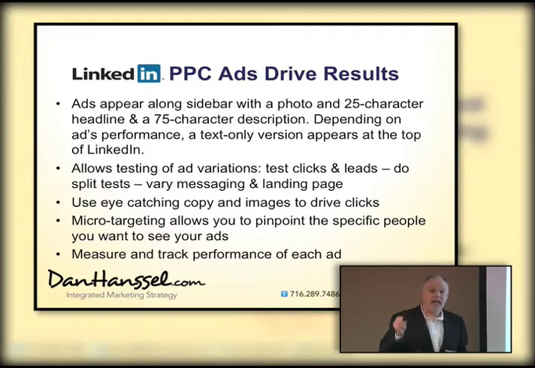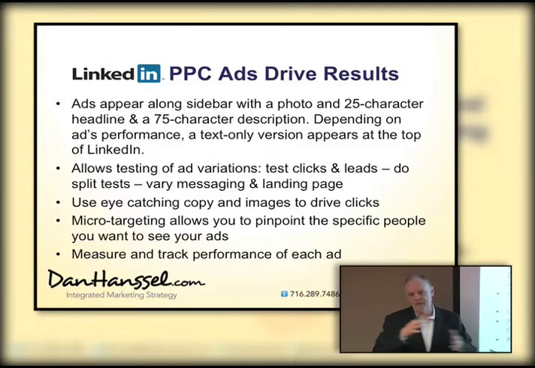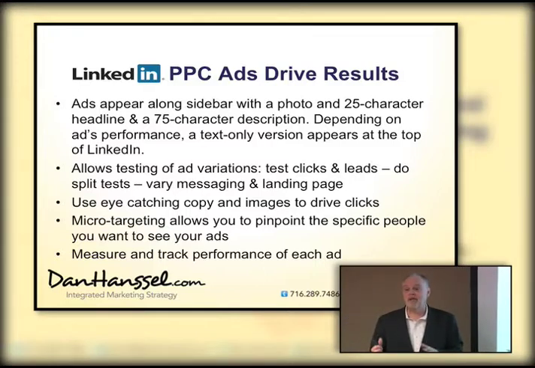So imagine that, an ad that you only pay for the 6 people that you want to see it, okay? And what you do is you go in there and say, I want only people that work at this company or were at that company from this time to this time. They have to be male or they have to be female, they have to be this age, whatever it happens to be. And you can refine this to the point where you only advertise to the exact people that you want to see your ad.